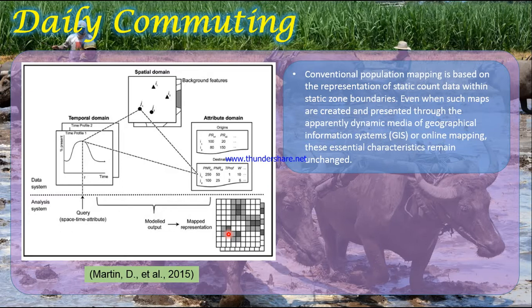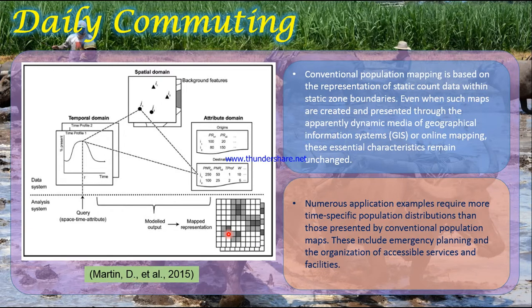Martin et al. also mentioned that conventional population mapping is based on the representative of static zone data within static zone boundaries. Even when such maps are created and presented through the friendly dynamic media of geographical information system or online mapping, these essential characteristics remain unchanged.